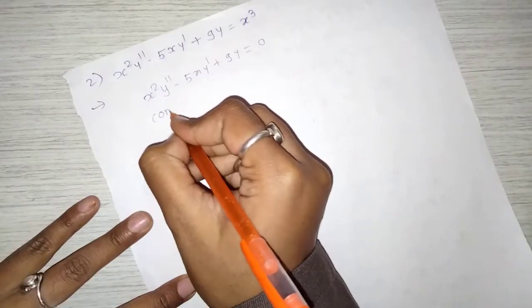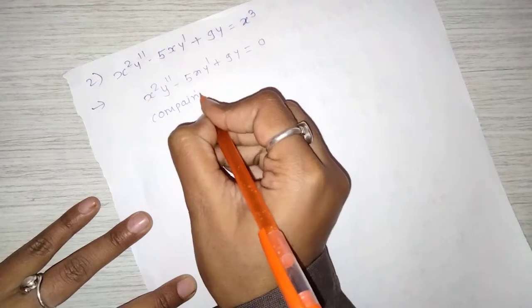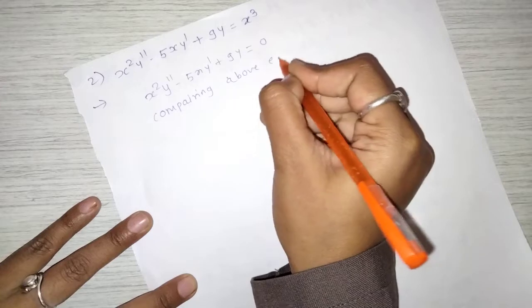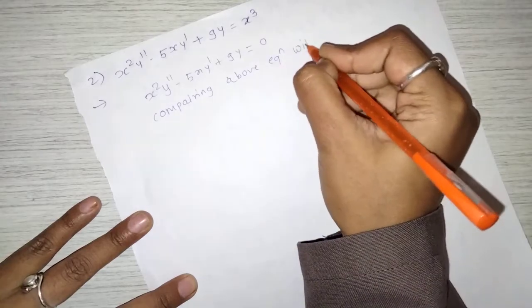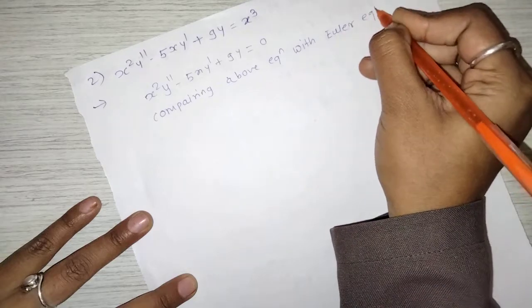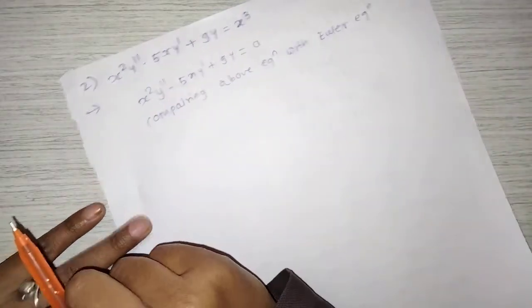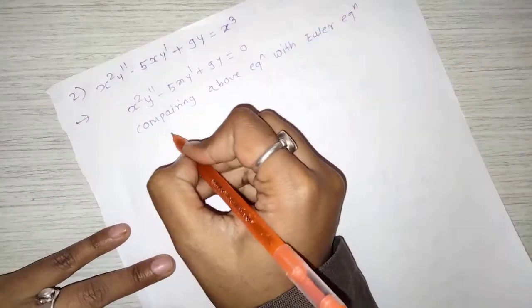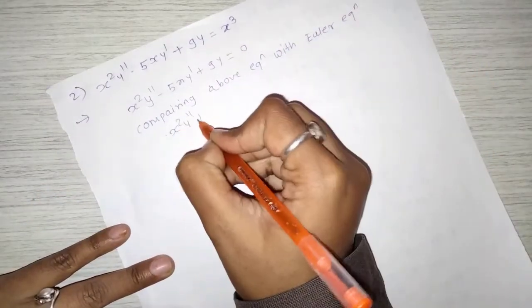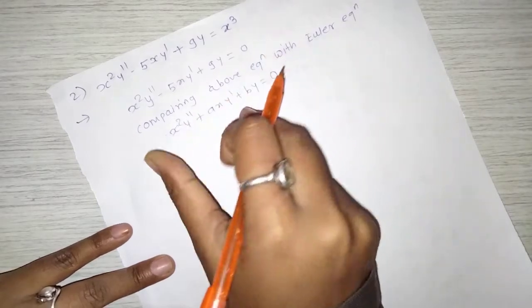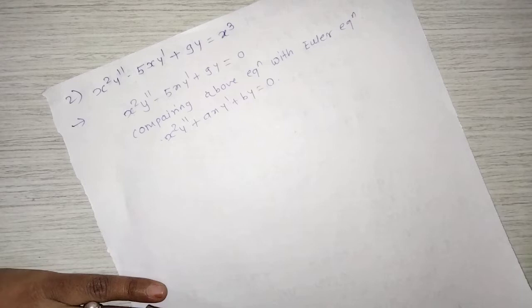Now comparing this equation with the Euler equation. Why are we comparing this equation with the Euler equation? Because here x equal to 0 is a regular singular point, and in the Euler equation x squared y double dash plus a x y dash plus b y equal to 0, x equal to 0 is also a regular singular point.